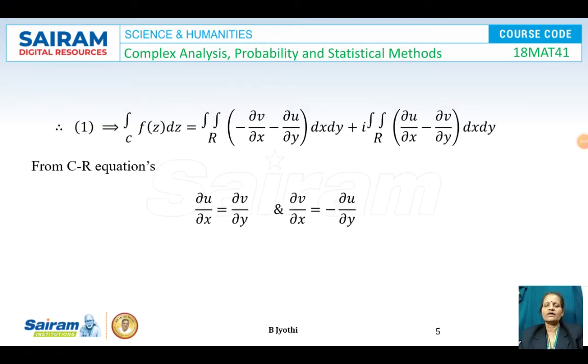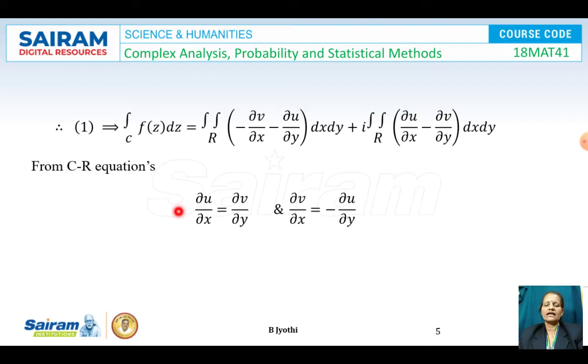Equation 1 implies the integral along C of f of z dz is equal to the double integral along R of minus dou v by dou x minus dou u by dou y into dx dy, plus i into the double integral along R of dou u by dou x minus dou v by dou y into dx dy.